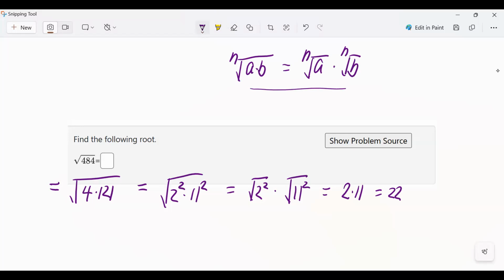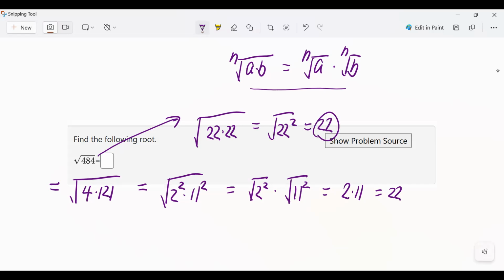Also, if you notice directly that 484 is 22 times 22, which is 22 squared, then you can get to the answer even quicker. But it's okay, you can do it either way. There are so many different ways of handling this type of problem, so you can always try a new way.